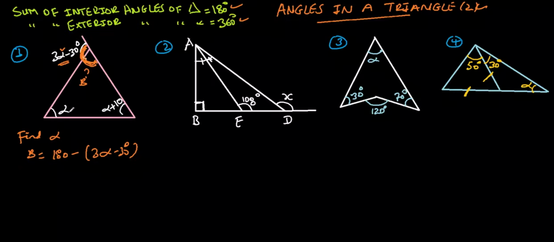So the sum of the interior angles will be 180 based on this definition. That means beta plus alpha plus 10 must be 180 degrees.